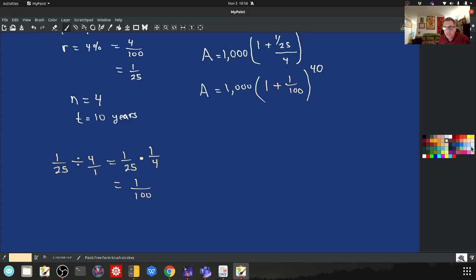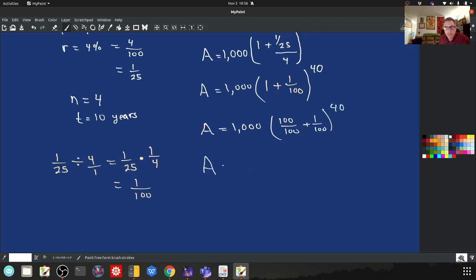So let's take the next step. My amount is going to be 1,000 times, and what is 1 plus 1 divided by 100? Well, I'm going to write 1 as 100 over 100, plus 1 over 100, raised to the 40th.